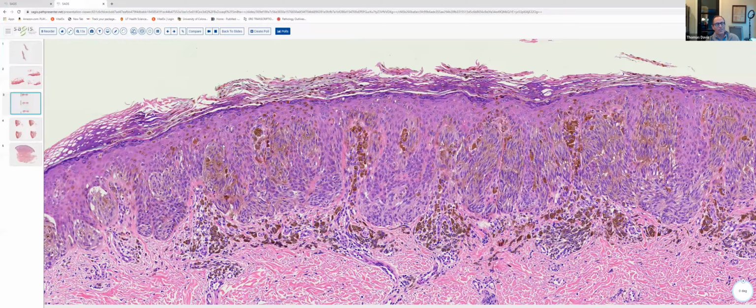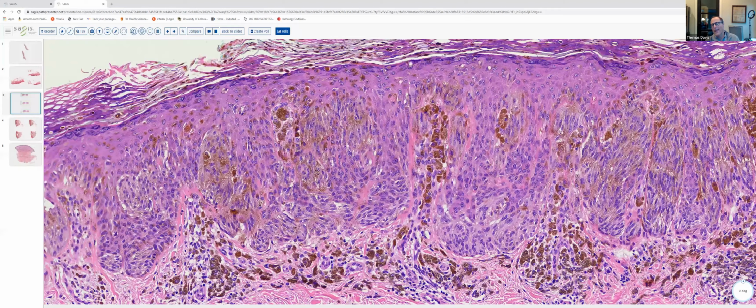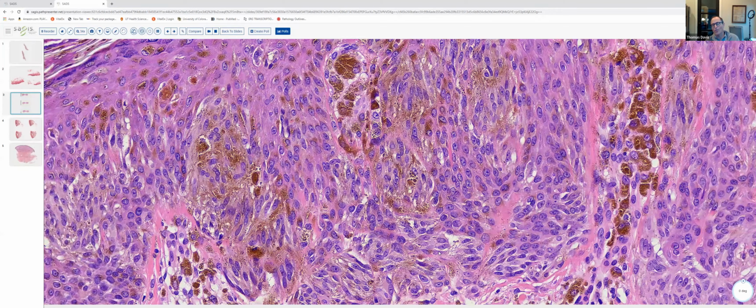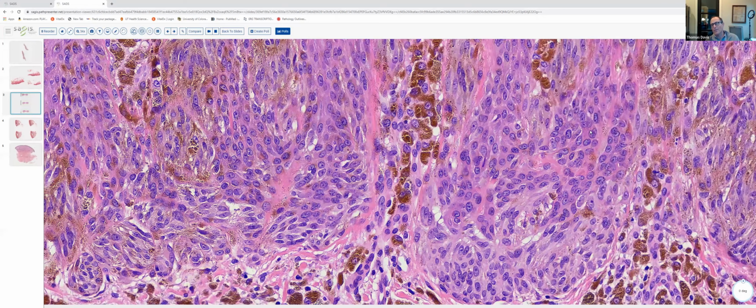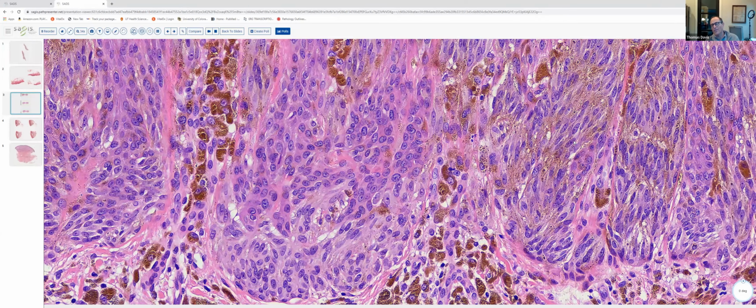Most of the melanocytes are heavily pigmented. And if you take a look at their nuclei, you can see that most have these elongated spindle-shaped nuclei with very little in the way of nuclear pleomorphism. These have uniform chromatin pattern, and there really are not many, if any, mitotic figures identified.